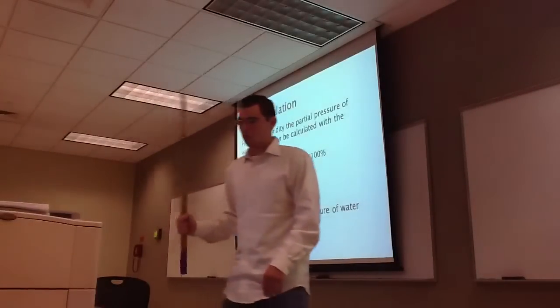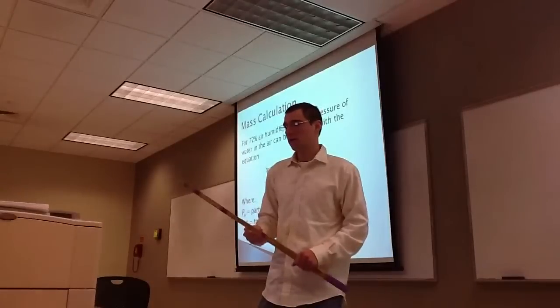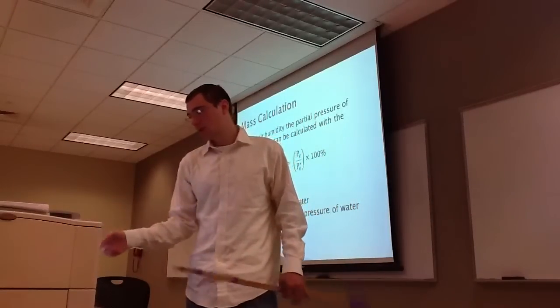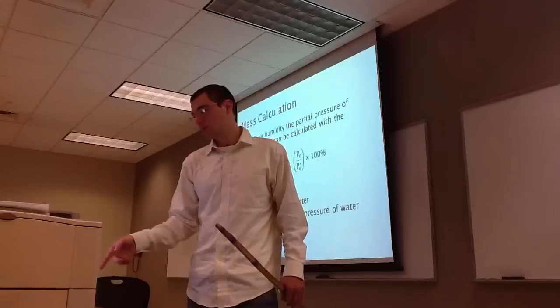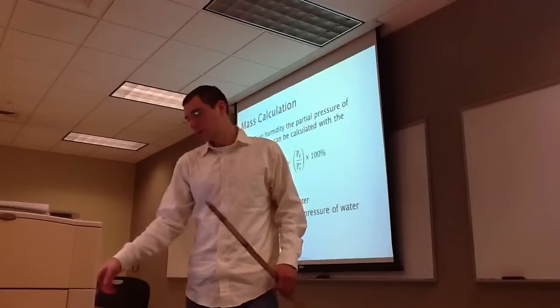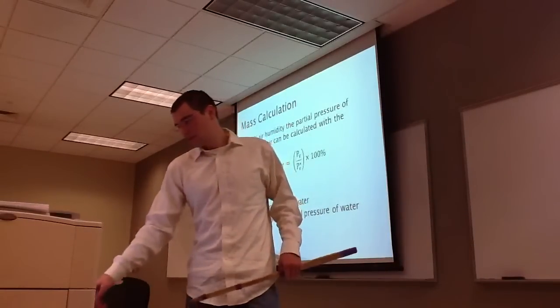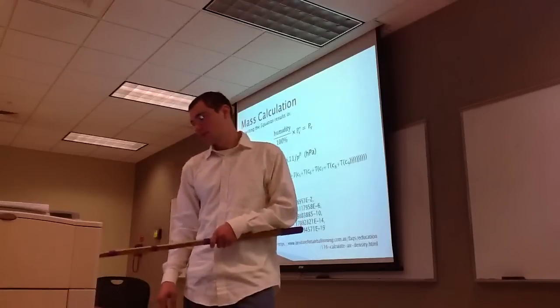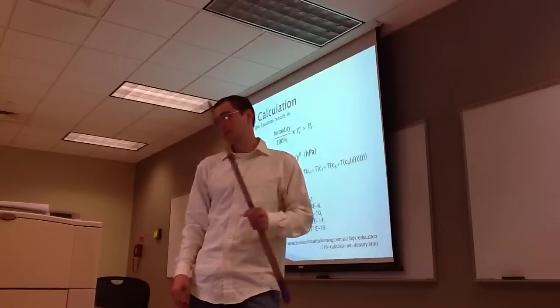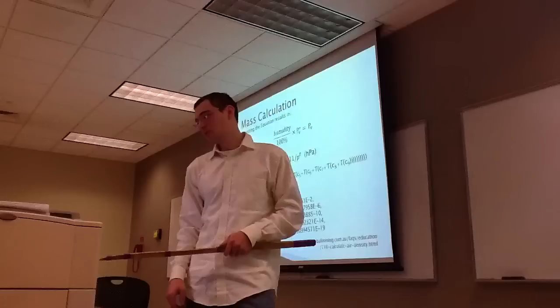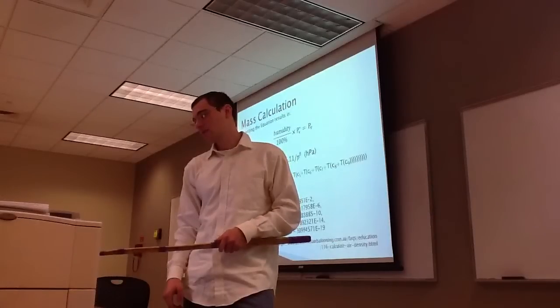So to find the partial pressure of air, you multiply the partial pressure of water times the relative humidity to get this, which is really complicated. I don't know if you want me to go into it, but it turned out really accurate.